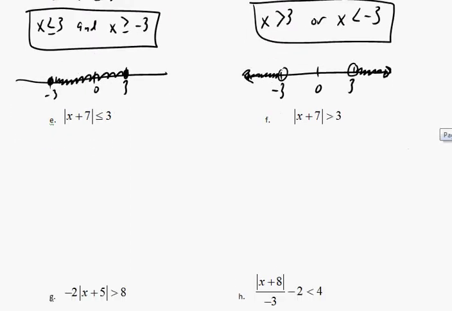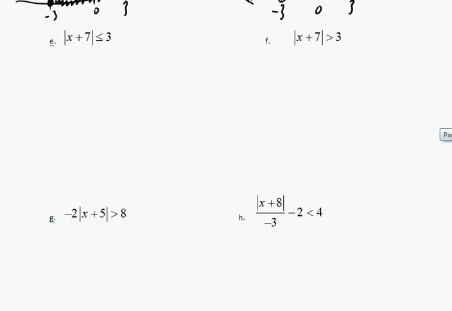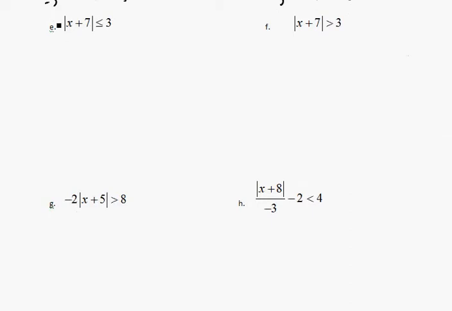So now let's take a look at problems E and F. So we have the absolute value of x plus 7 is less than or equal to 3, which means that this quantity, x plus 7, has to be less than or equal to 3, and that quantity, x plus 7, has to be greater than or equal to -3.